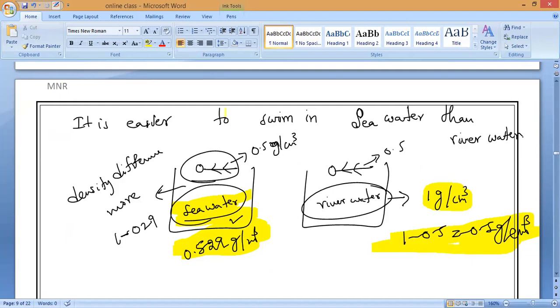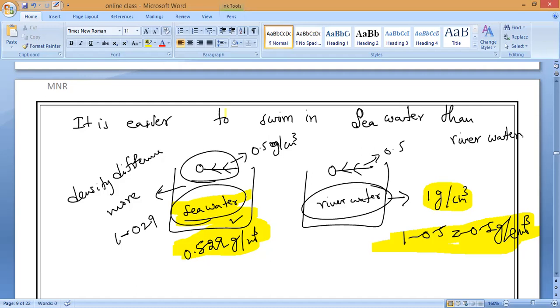So in seawater, our immersed portion is less because of greater density difference. So more buoyancy force is exerting on us so that we can swim easily. Is it okay, everybody? That is what all of you should remember.